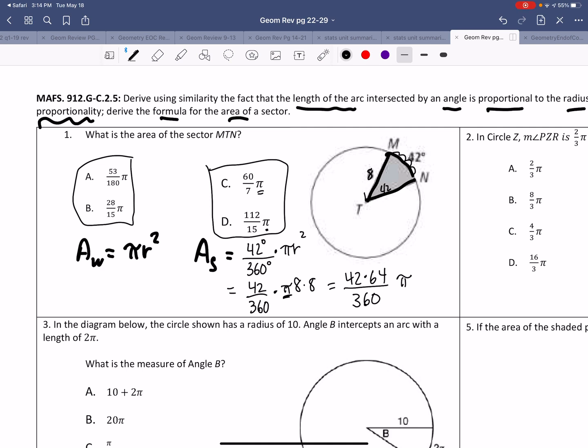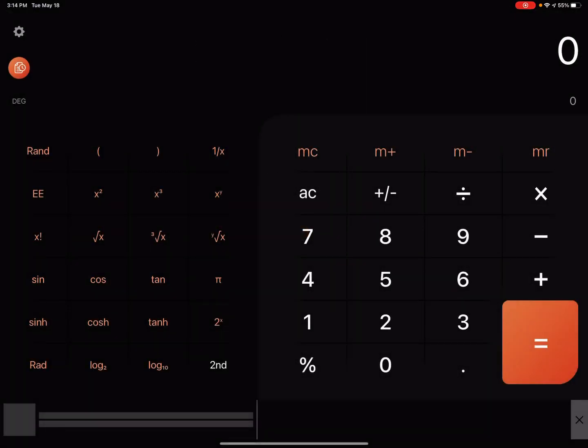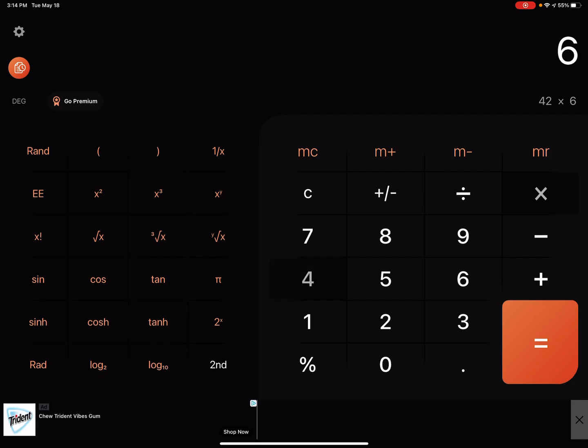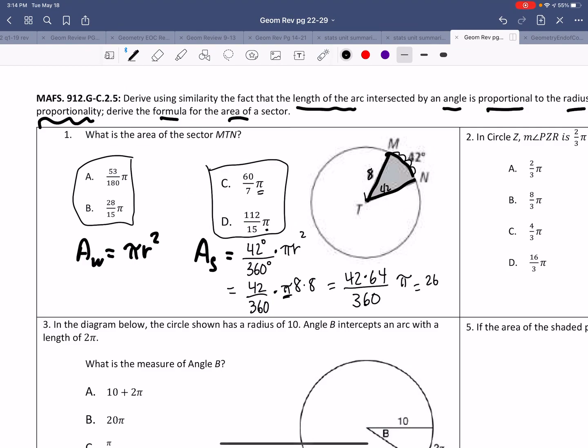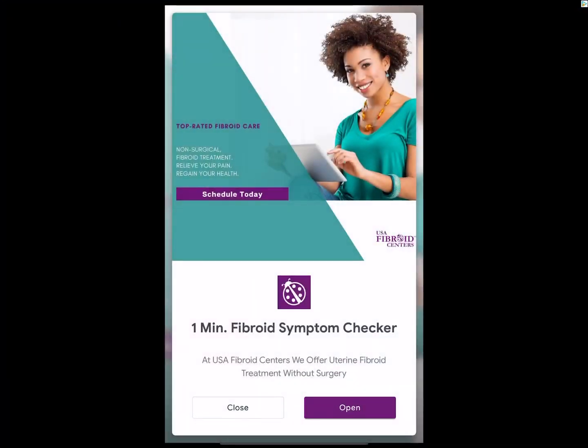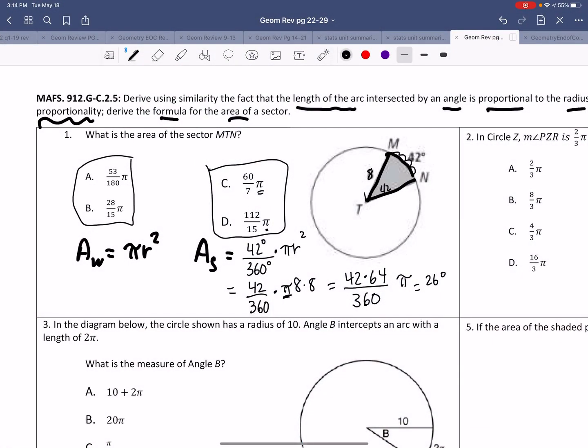All right. So let's see what we would get. So 42 times 64 is 2688. Divide by 360 pi.